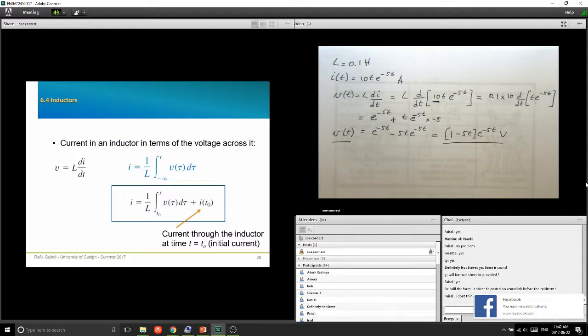If you have an initial current flowing through your inductor, it means there is initial energy there, because the current produces the magnetic field. And if you have a voltage that is changing across it, it produces a new current, which is 1 over L integral of v of tau d tau. So the total current i is going to be the newly produced current because of the varying voltage, plus whatever initial current was there.